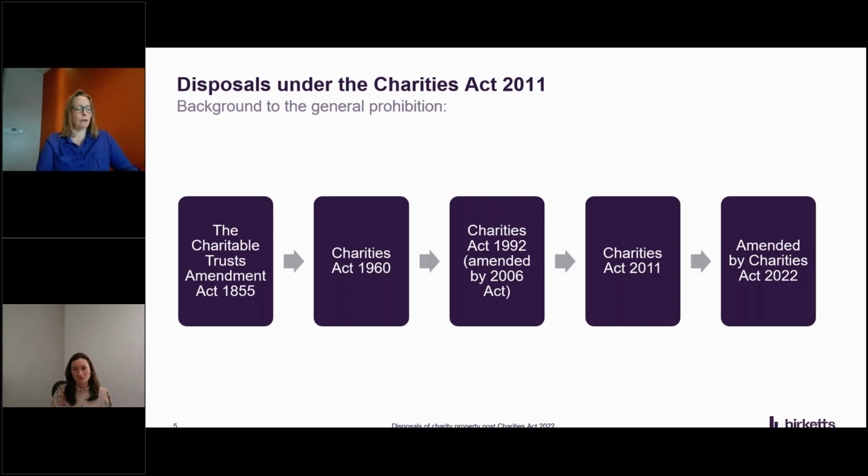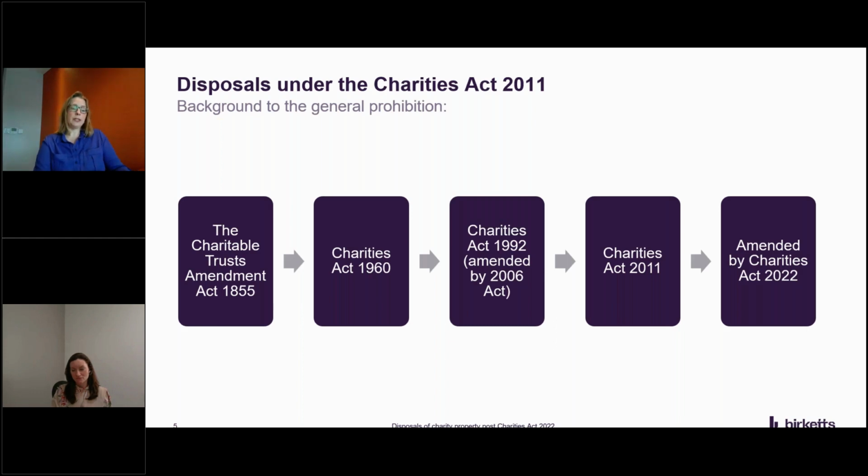There was a distinction for certain charities where their land was not endowment land, it was land that had been bought with voluntary contributions. But that regime was a little bit difficult to interpret. But that was the position for about a century, until 1960.